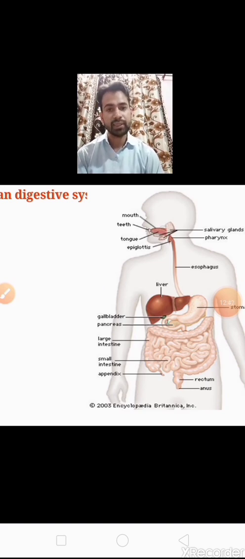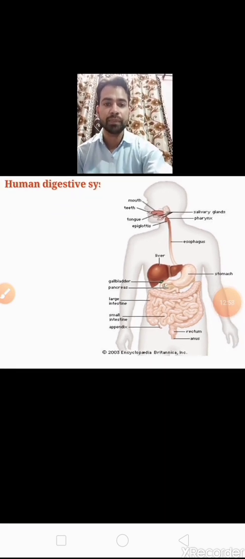Now we'll discuss in detail the alimentary canal and the digestive glands. These types of topics will come for 3 marks, so it is very important regarding your exam. Learn very carefully.